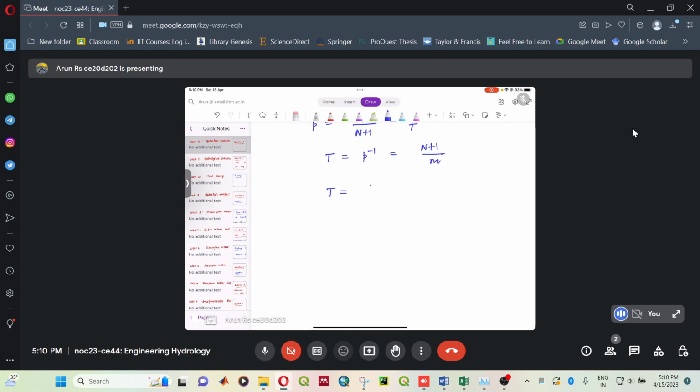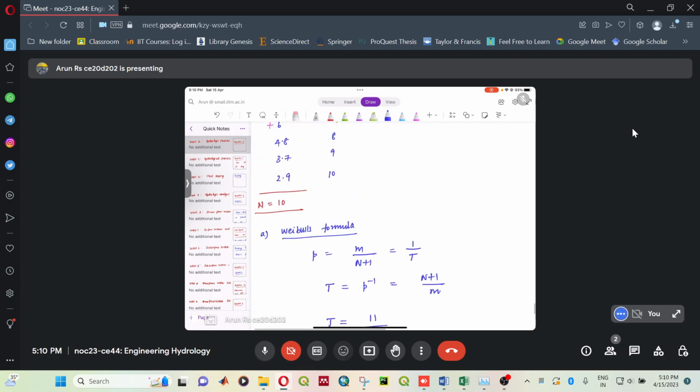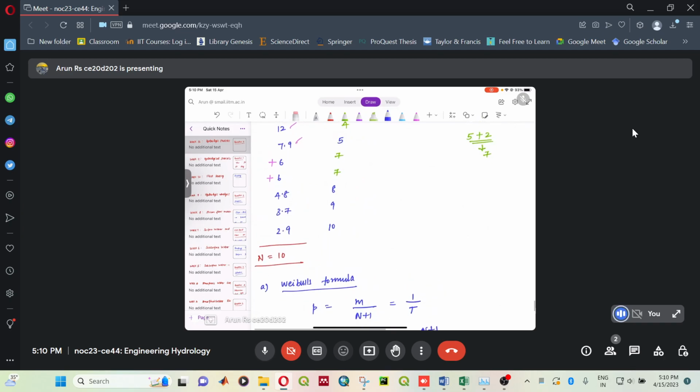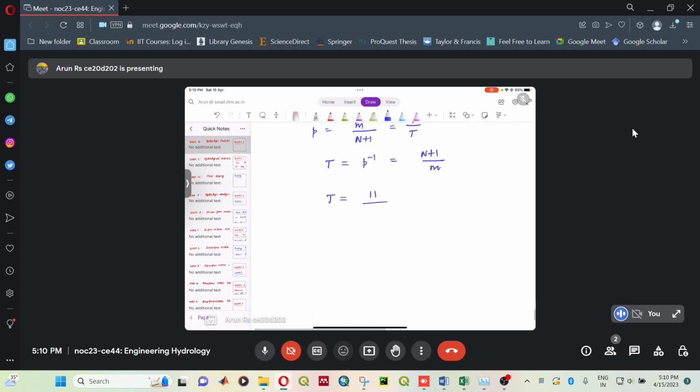So return period is equal to 11 divided by the rank of magnitude 6, which is 7. So 11 by 7, approximately equal to 2 years. Here you should always round off to the higher value. It will be around 1.56, so I am rounding it off to 2 years.